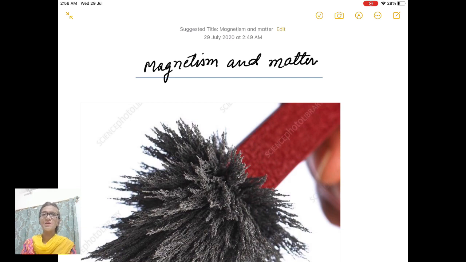When shepherds went to those stones, their shoes stuck to them, because they had iron nails in them. Since it was in Magnesia, the naturally attracting stones are called magnets.